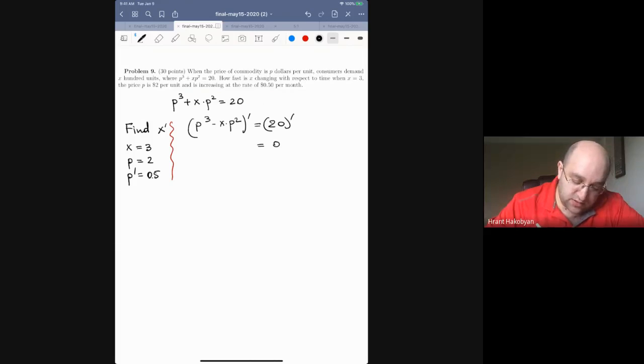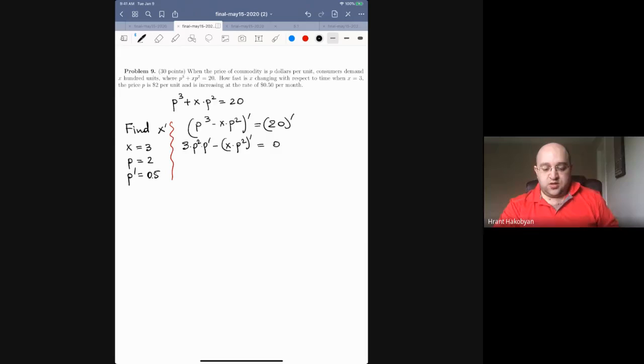The left-hand side is not a constant, so we have to differentiate. Now we're differentiating with respect to time, not with respect to x, so we have to use the chain rule. The derivative of p to the power 3 is going to be 3 times p squared times p prime, minus x times p squared prime.